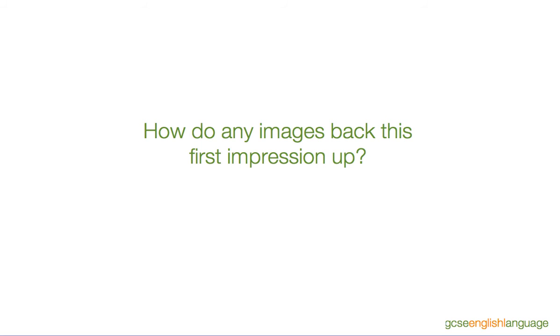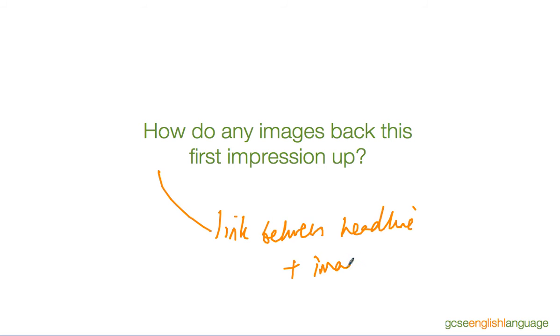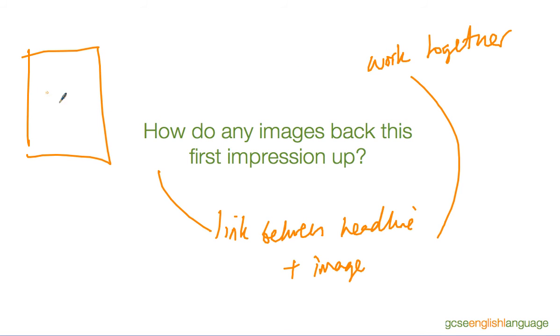And again, images, how do the images back this first impression up? That link between image and headline. Again, I spoke about this before. How do they work together? You know, if you've got a headline here, there's your headline, you've got your image there, and there's your text down there.